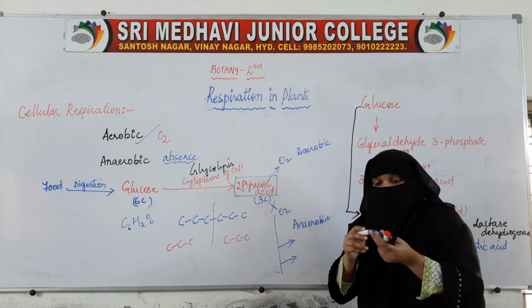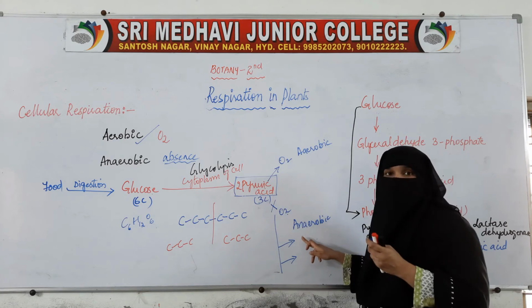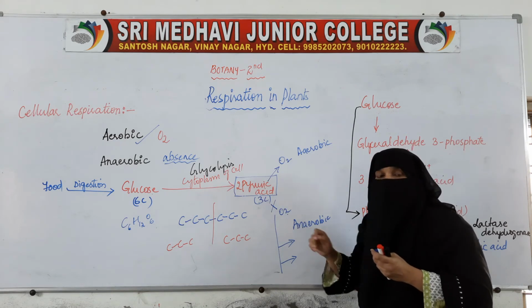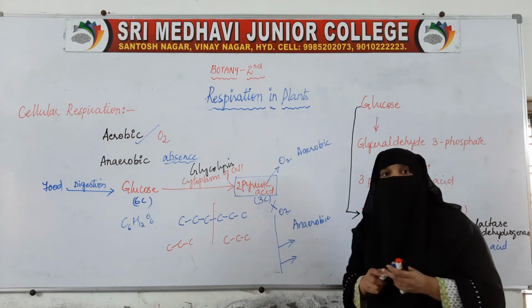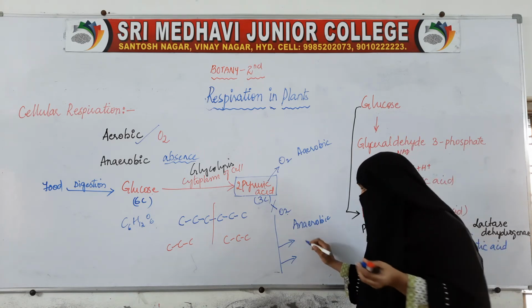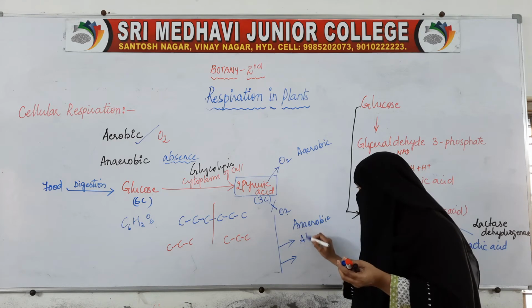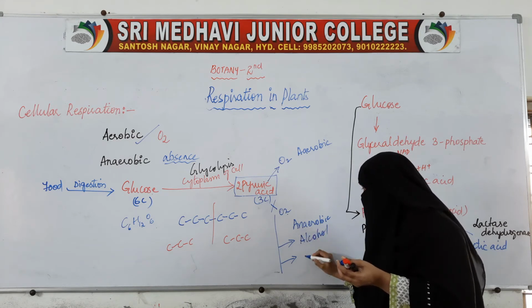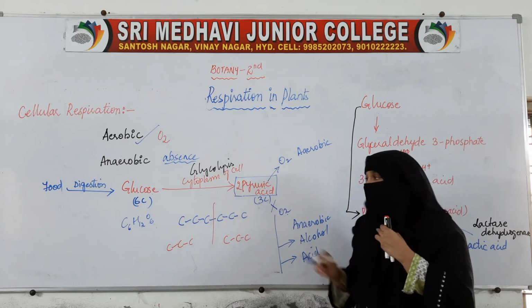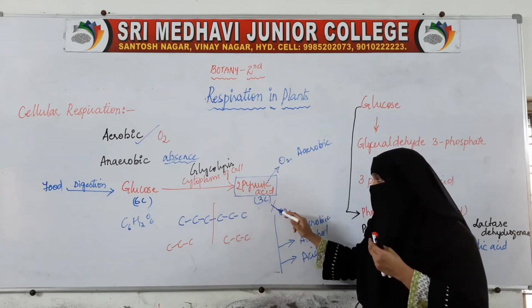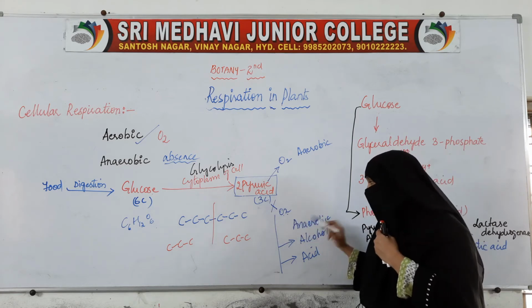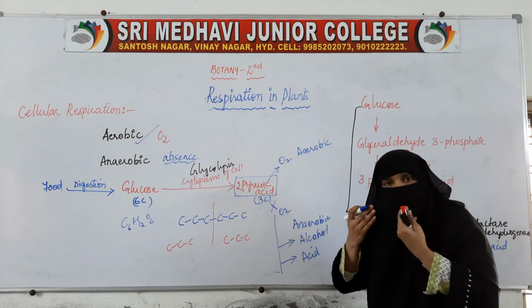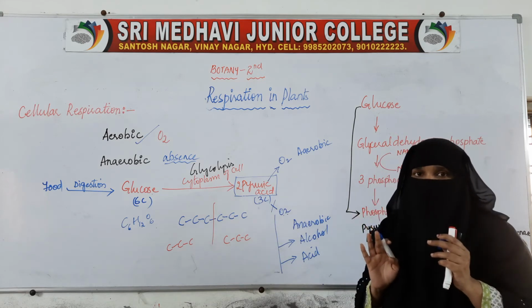So, depending on which organism the anaerobic respiration is taking place in, two products are formed. One is alcohol and another is acid. When this pyruvic acid does not get oxygen, it performs anaerobic respiration, that is, respiration in the absence of oxygen.